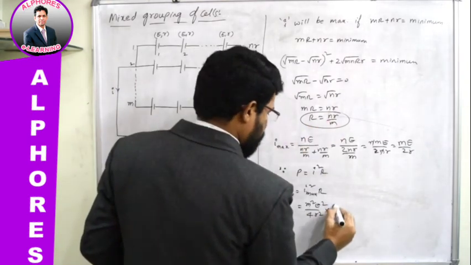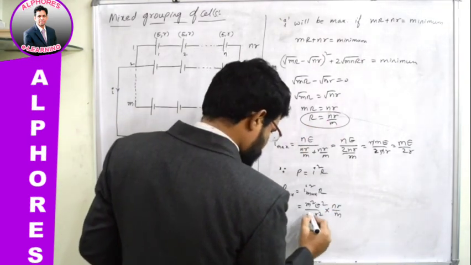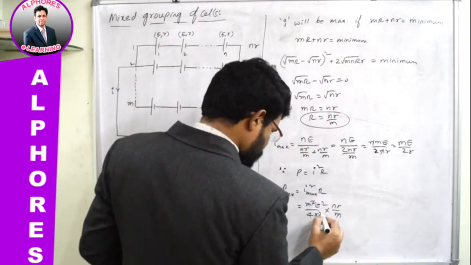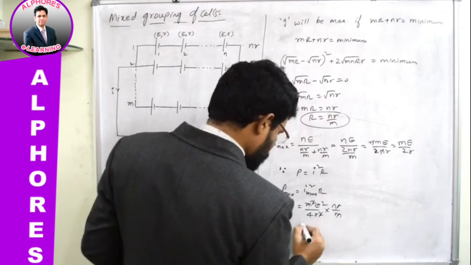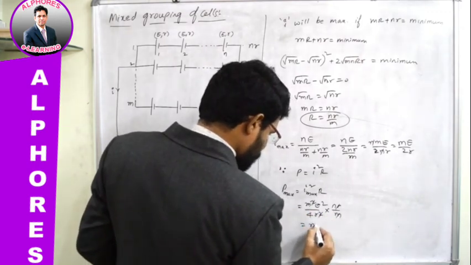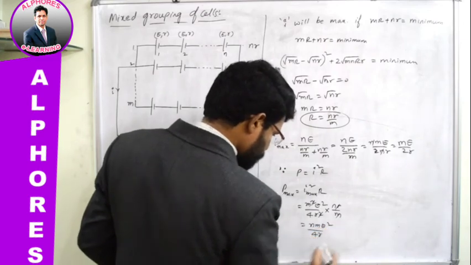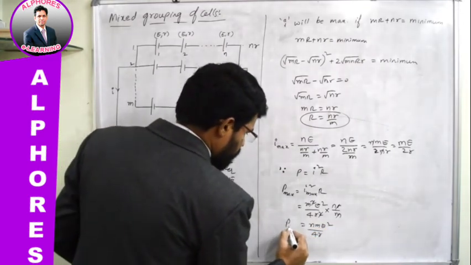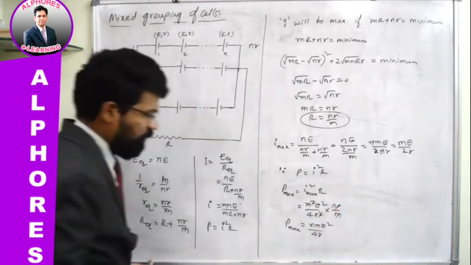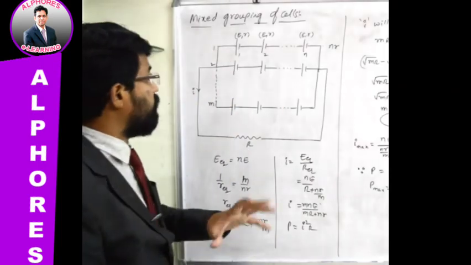NR by M. So now M gets cancelled and R gets cancelled. So finally you are left with NME square by 4R. Isn't it? So this is the expression for P maximum. So that's how you can handle mixed grouping of cells.